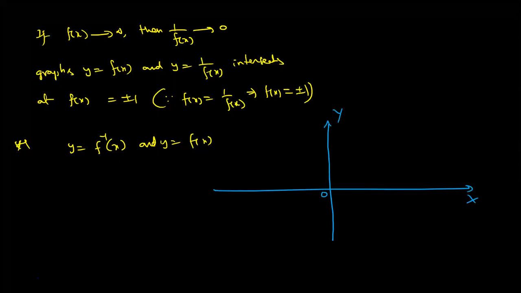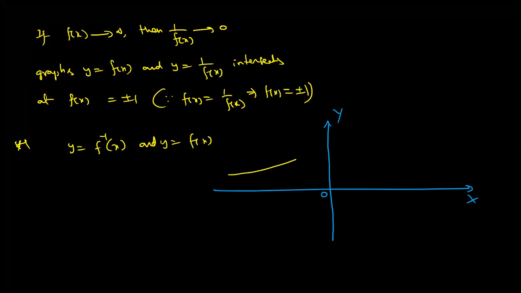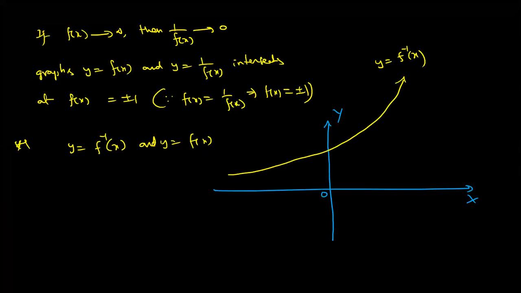So for example, y is equal to f of x or f inverse of x, anything. Now take another one. y is equal to f of x. Then what are you observing, dear students? These two graphs are inverse to each other.